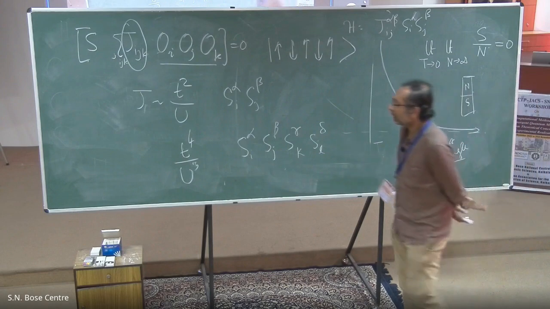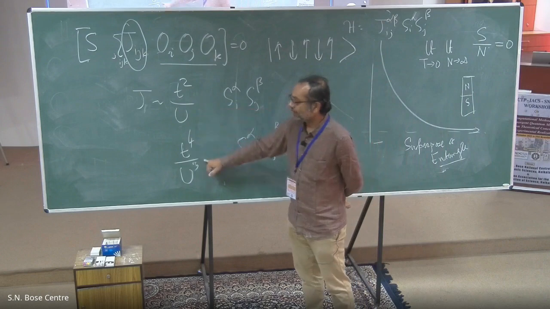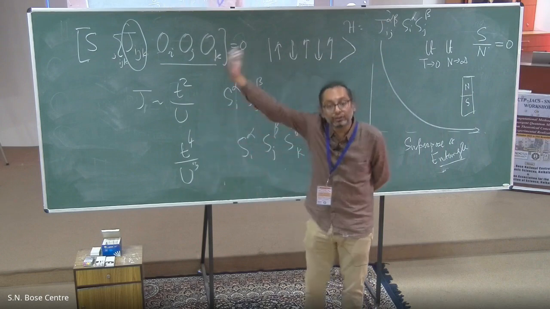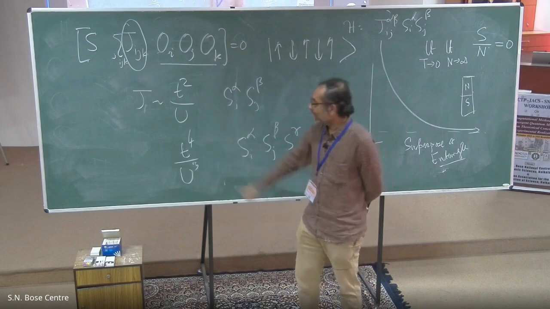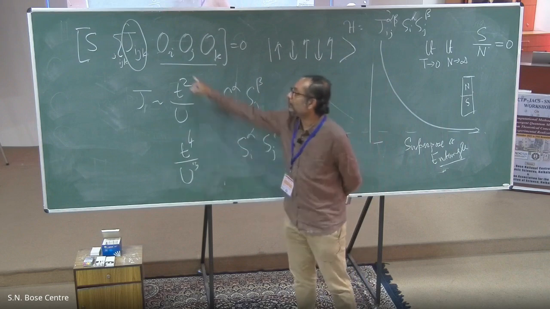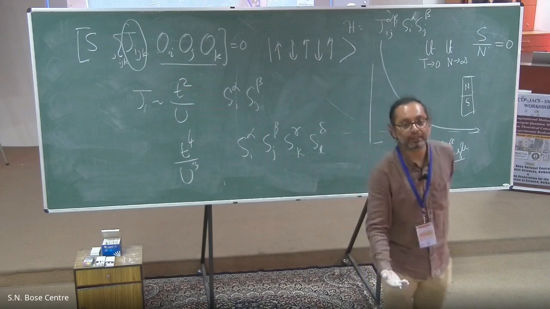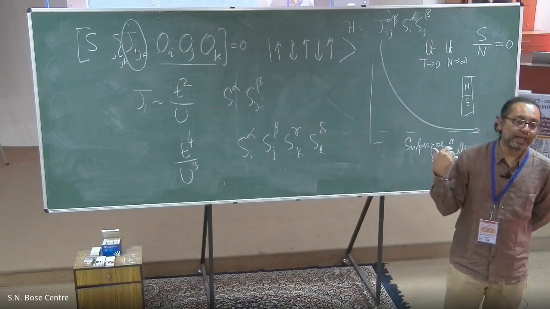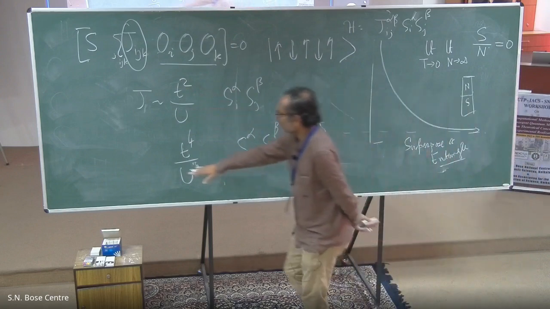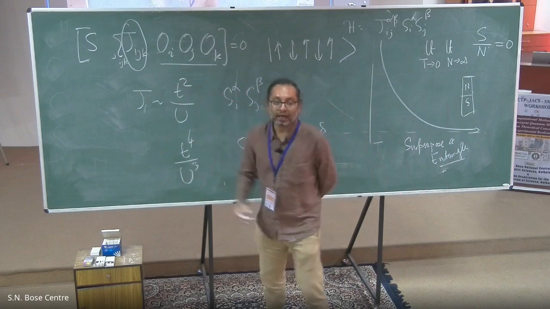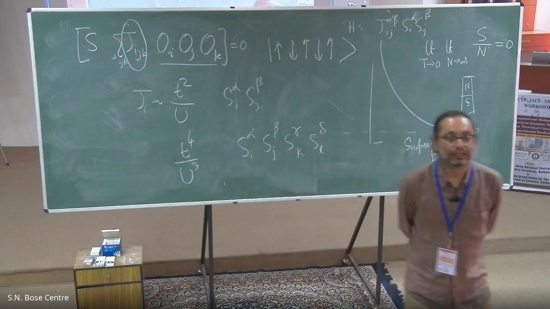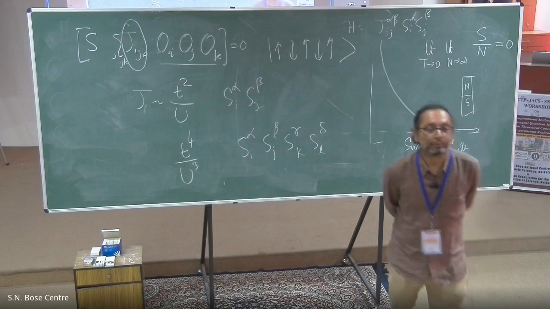So there I have to ask the question: if I knew the parameters of the Hubbard model, how big is this compared to this? Similarly, if I had an estimate from an ab initio calculation about these numbers, I am in a position to ask which one dominates.